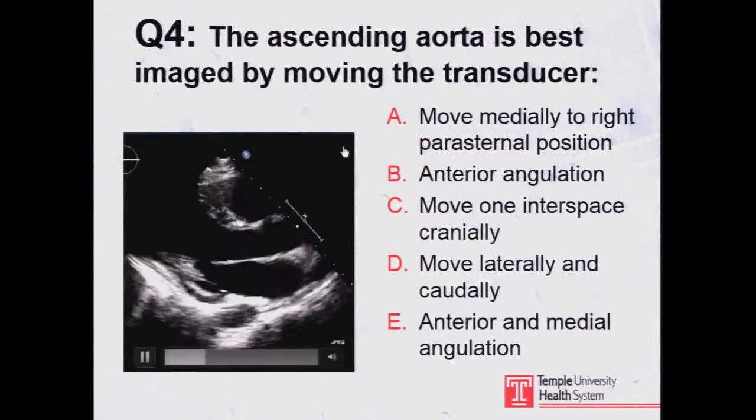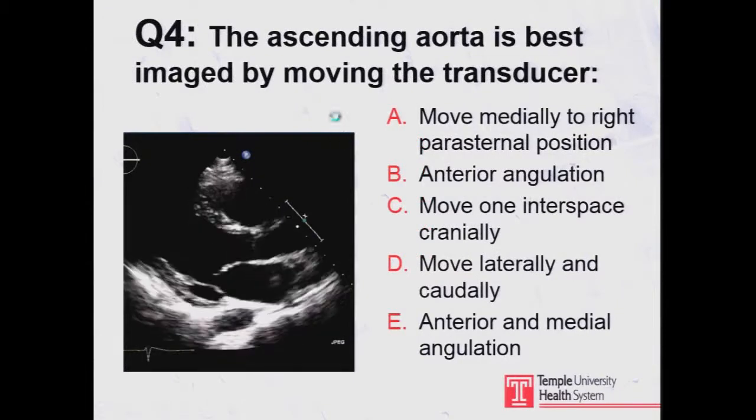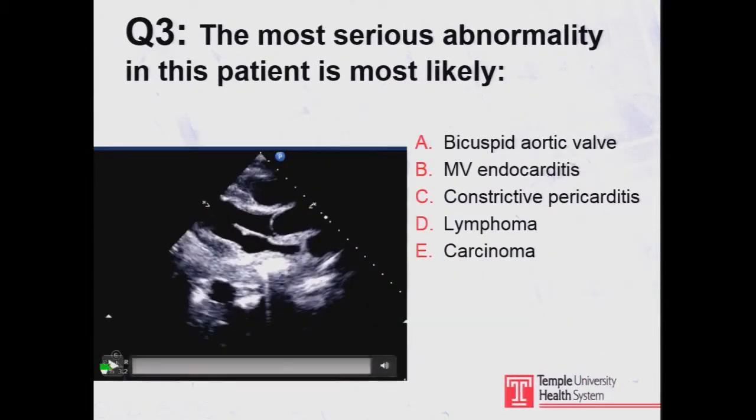Can we go back? Okay. And so you are right, this patient does have a bicuspid aortic valve, but it's not the most serious abnormality. There were redundant cords, and not mitral valve endocarditis. Those of you who said constrictive pericarditis noticed that there's some thickening back here, which looks odd.